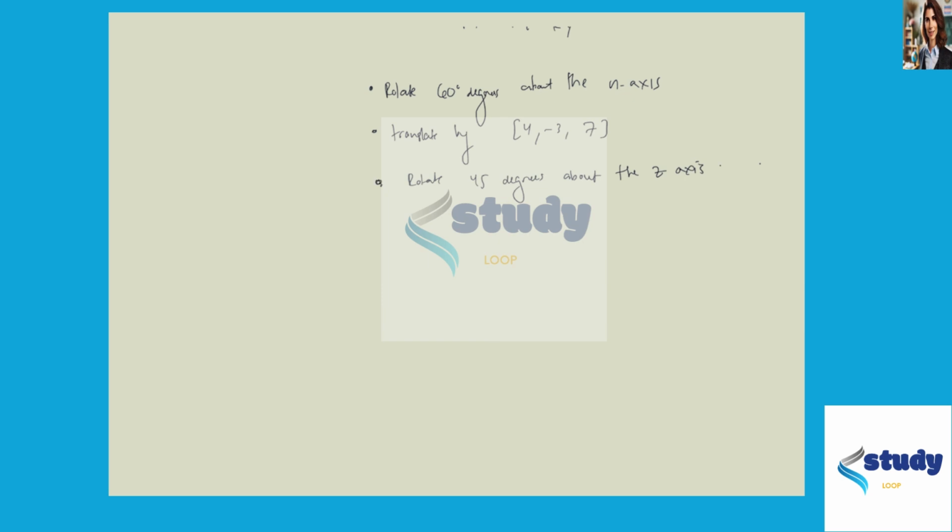Now with that being said, let R of n be the rotation about the n-axis, T of NOA be the translation matrix, and R of z be the rotation about the z-axis that we specifically said.